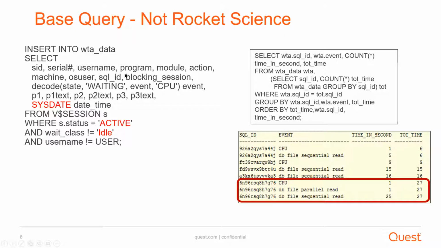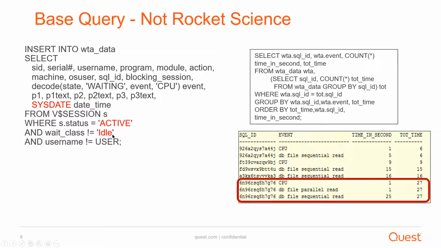Like I said, it's not rocket science. You just have to select from this table at some interval. I created a table and called it wait time analysis data. And I basically just created it and then insert and pull this every second. So I insert, and I'm selecting all that good information. I'm putting a timestamp on it, and I'm looking at $V session, and then I look for status equal active.